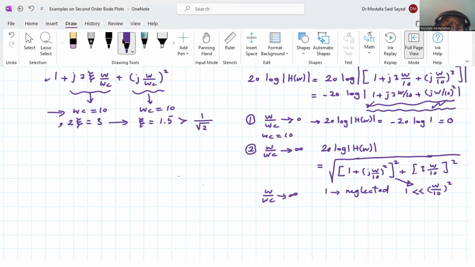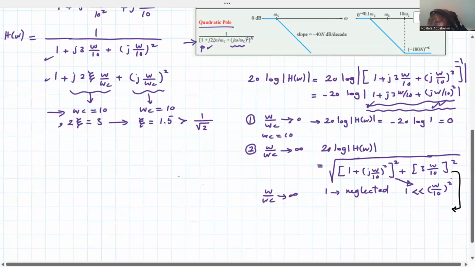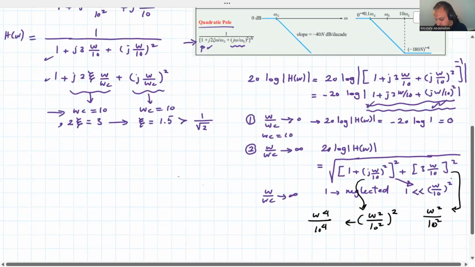Let's do that with another color. This one here is omega squared over 10 squared, omega c squared, and everything is squared again. So that's actually omega to the power of 4 over 10 to the power of 4.